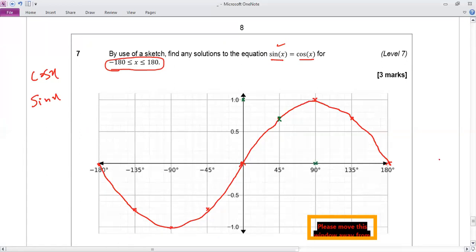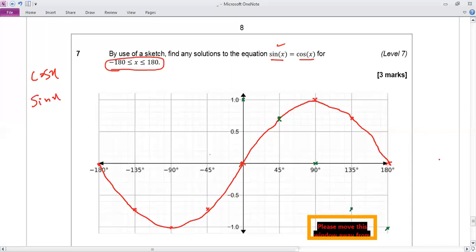Then for cos 135 degree, if you check, it is negative 0.7. And then for 180 degree, negative 1, which is this one.